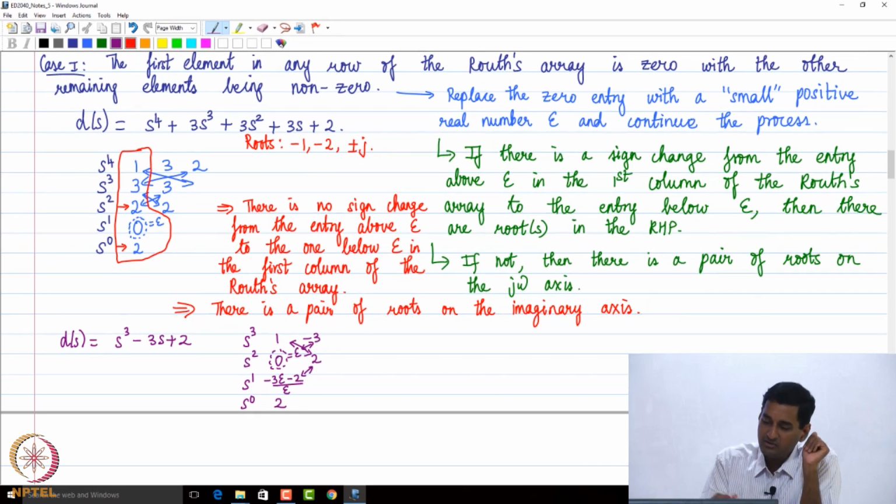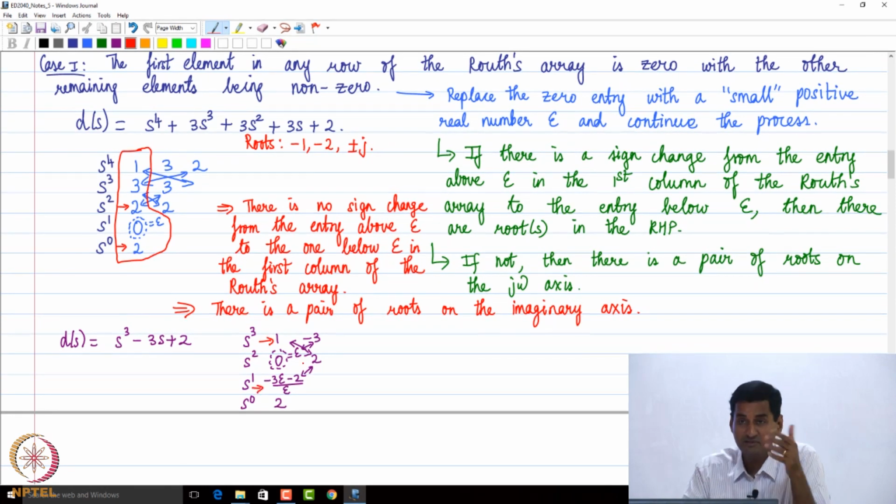Now if you look at the elements below and above epsilon, the element above epsilon has a positive sign. What can you say about the sign of the element below epsilon? It's negative, because epsilon is a positive number, so it is going to tend to a negative number. So one can observe that there is a sign change below and above epsilon.